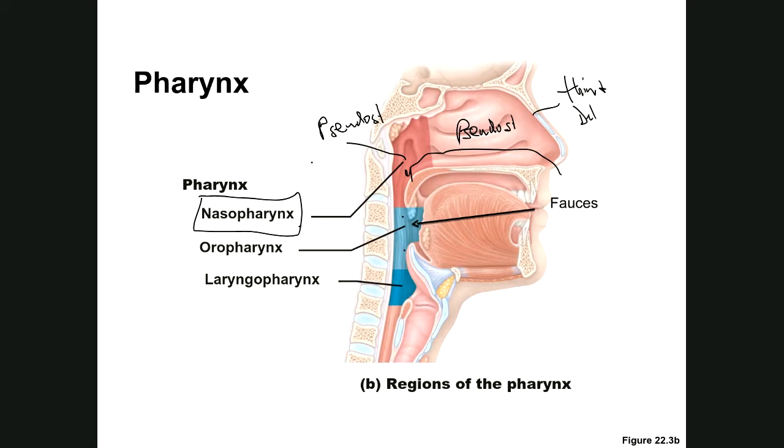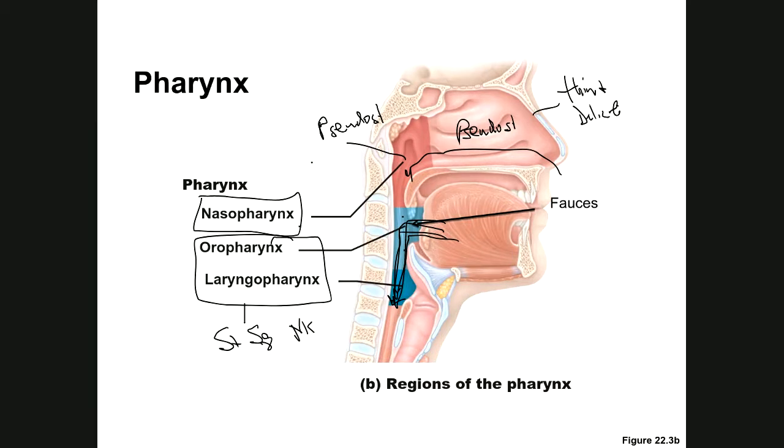But if you look at the other two parts of it, food does go this way. And food is abrasive. Even some liquids can be abrasive. And so you can't have this thin, delicate tissue. So the tissue for these two is the same as it is in the mouth. It's stratified squamous, non-keratinized.